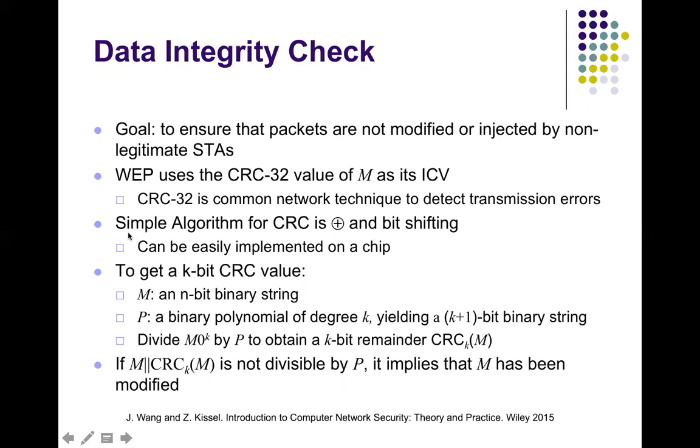CRC32 is a common network technique to detect transmission errors. The reason for using CRC32 is that it has a simple algorithm for verification, so it can be easily implemented on a chip.